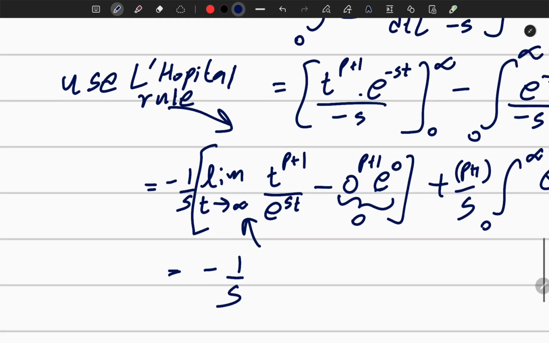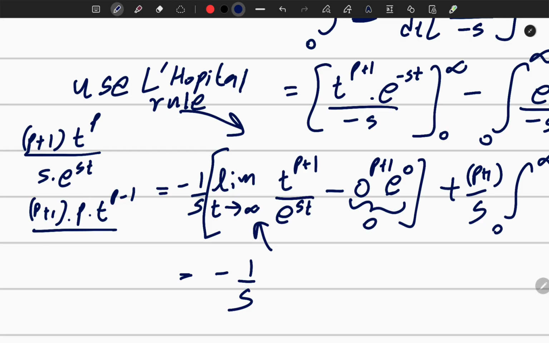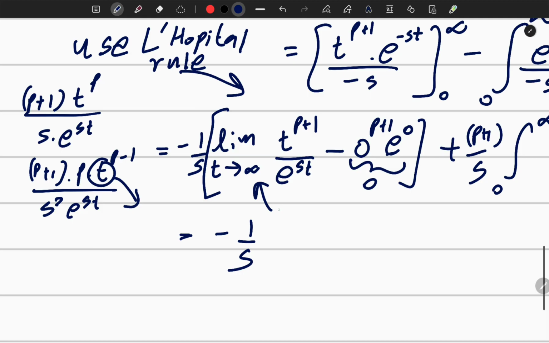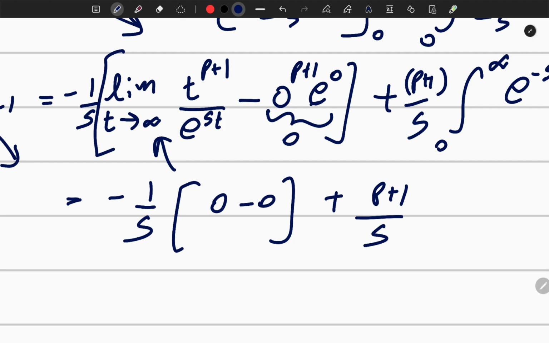By applying L'Hopital's rule many times, up to p plus 1 times, differentiating both the top and bottom terms, we get p plus 1 times t to the p over s times e to the st. Again by differentiation, p plus 1 times p times t to the p minus 1 over s square e to the st. After many steps, t approaches 1, and when I differentiate again, it becomes 0. So this term becomes 0.